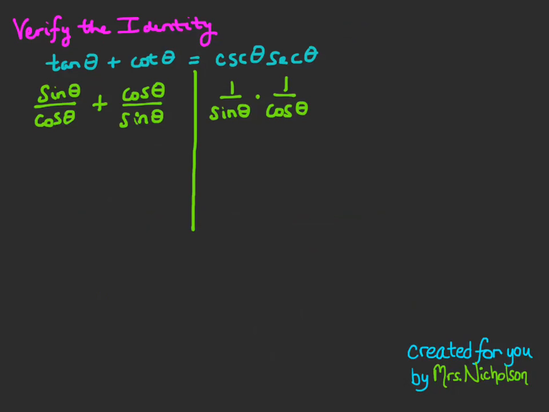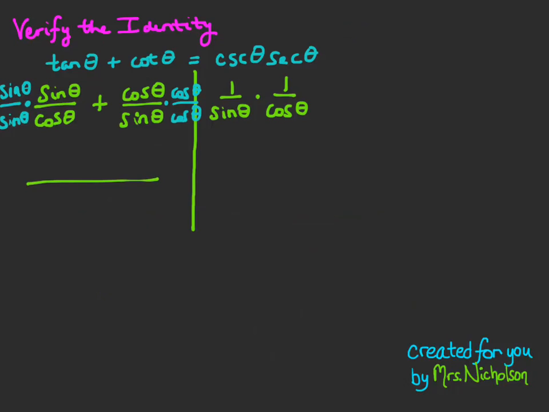So let's do that next. I'm going to multiply this fraction by sine theta over sine theta, if I can squeeze that in there. And then over here, I'm going to multiply times cosine theta over cosine theta. We're just getting a common denominator.